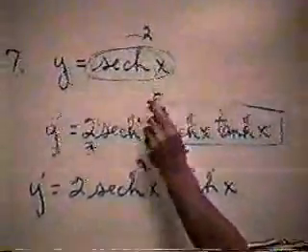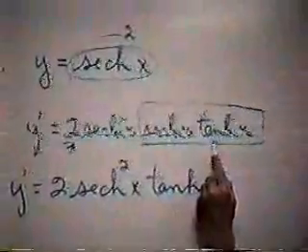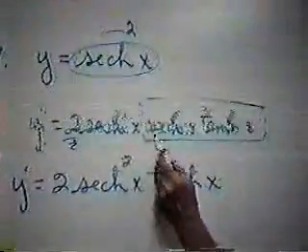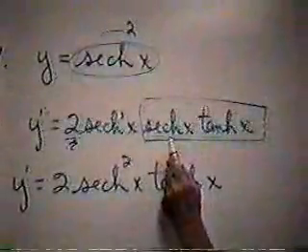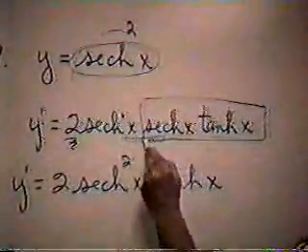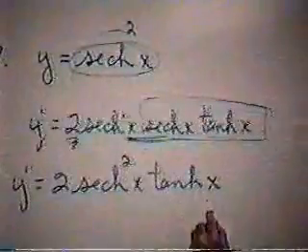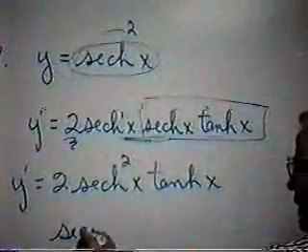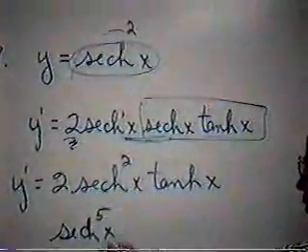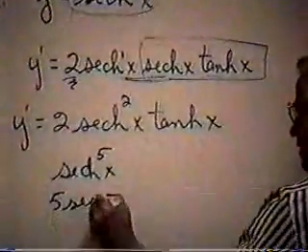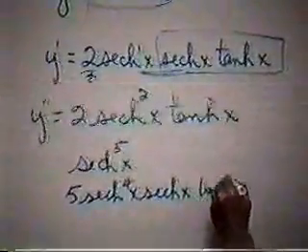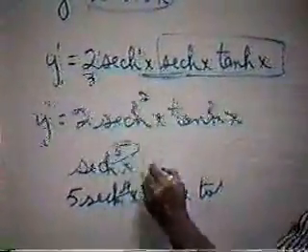The derivative of hyperbolic secant is secant tangent. So it's the power rule, then the derivative of the hyperbolic function. Now this multiplies back together and gives you back a square. That's kind of odd, but it works out that way every time. If you take the derivative of hyperbolic secant to the 5th power, you'll get 5 hyperbolic secant to the 4th times the hyperbolic secant times hyperbolic tangent, and this will come back to be secant to the 5th again.